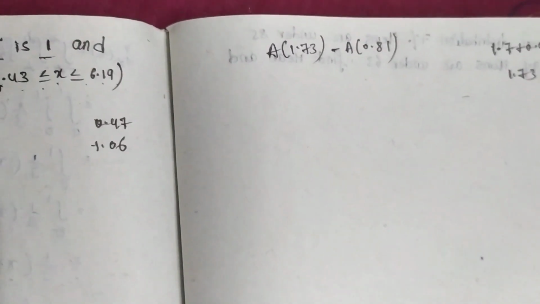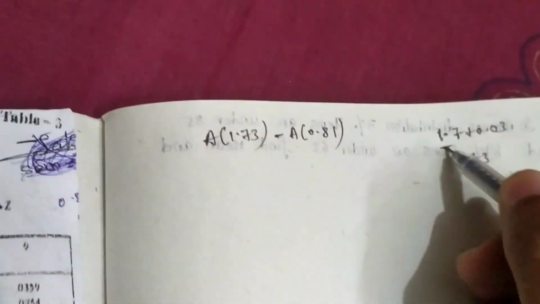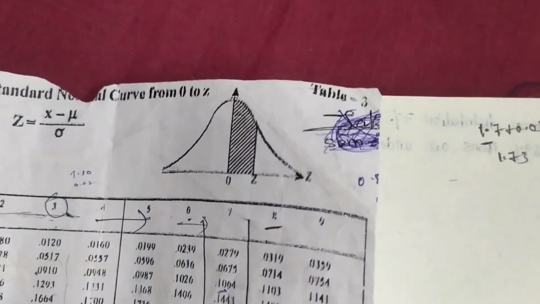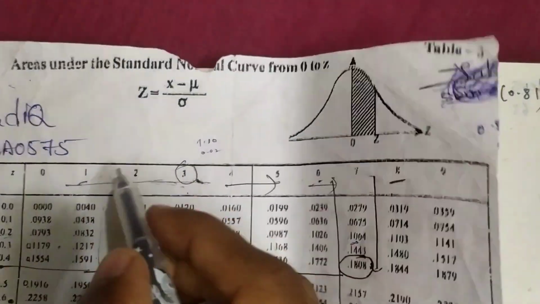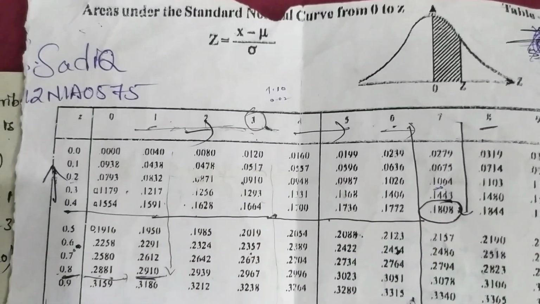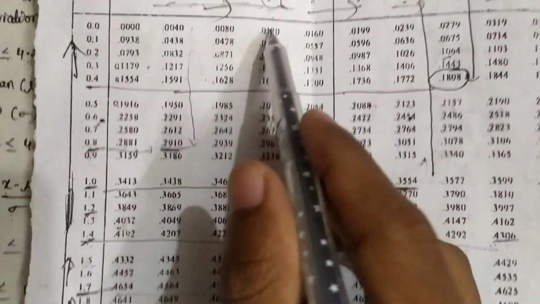This 1.7 value we see row-wise, and 0.03 we see column-wise. So here 1.7 means this, and 0.03 means here.